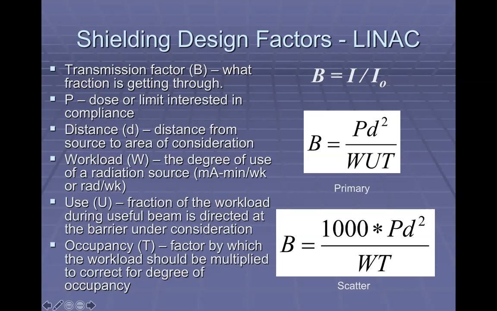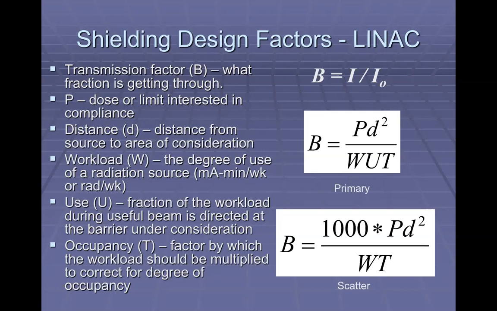So there's very, very heavy shielding, and regulations actually require that the leakage from the head is less than 0.1% of the primary beam intensity. So that's where that 1,000 comes from. 0.1% means that it would be 1,000 times less intense than the primary beam. So you're allowed to take credit for that in terms of scatter, because this is going to be radiation that's incident on every other shield besides the primary.